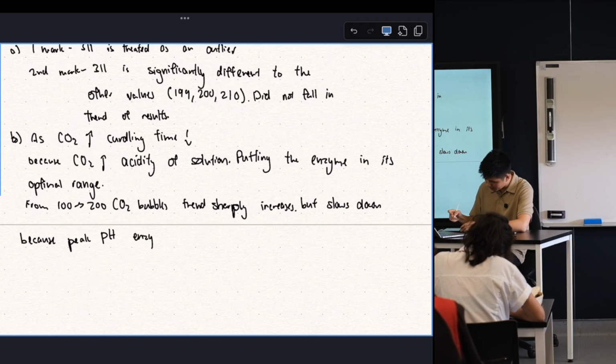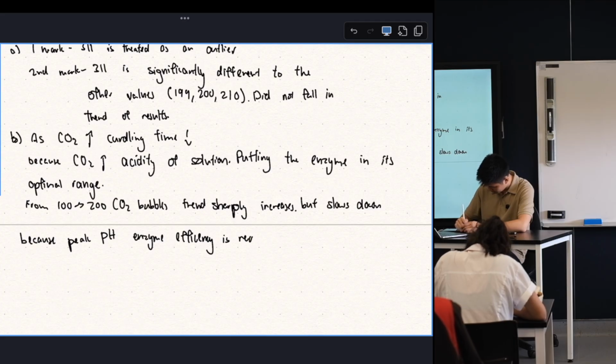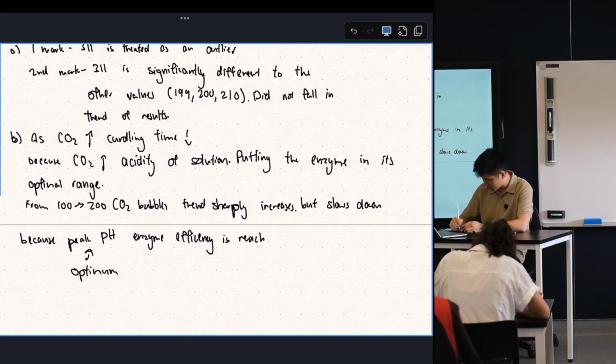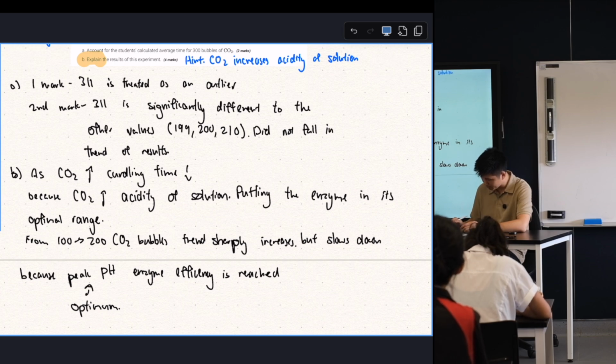And I have to say why, because peak pH enzyme efficiency is reached. I might just use the word optimum, that's better. Right.